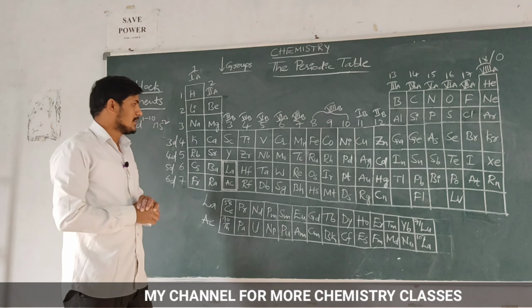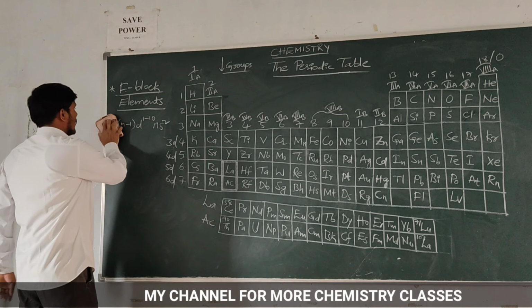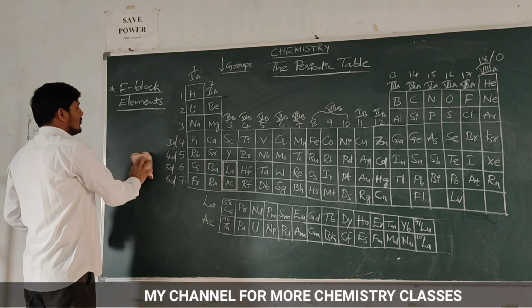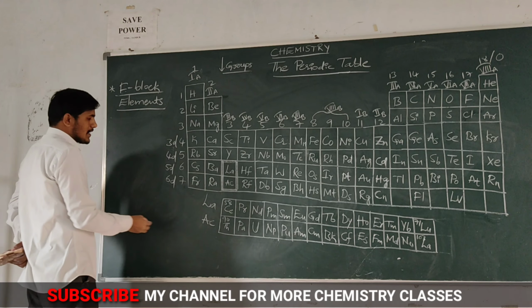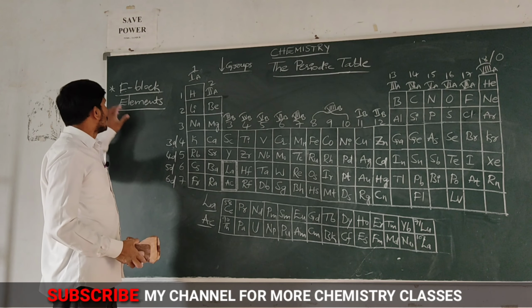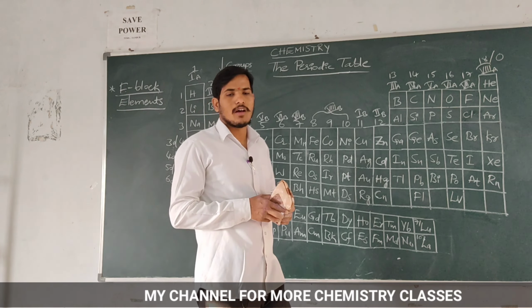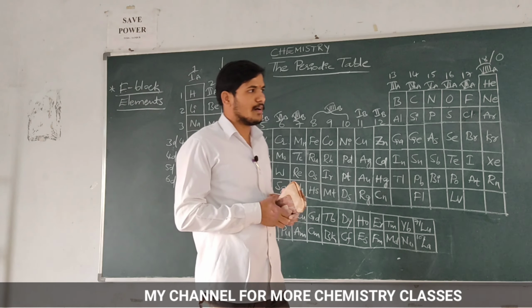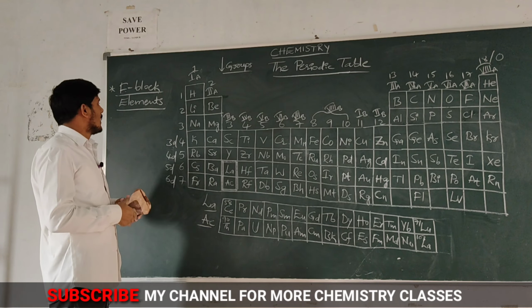Next, F block elements. F block elements are denoted below the periodic table, and are again classified into 2 types, lanthanides and actinides. The definition of F block elements: the differentiating electron enters into the F orbital or F subshell.